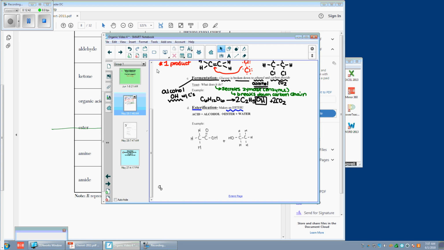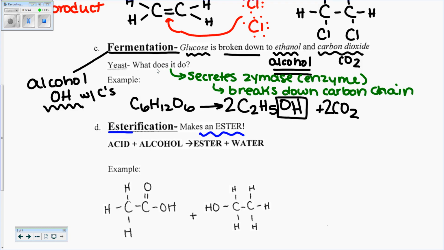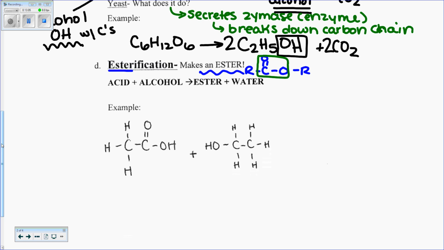So now I remind myself of what an ester is. It's a C with a double bonded O, and it's got another O, followed by some chains on the side. So there's my ester, my special functional group. Esterification is when you take an acid and an alcohol, and you make an ester and water. I have an example here. Let's decide first who's my acid and who's my alcohol.